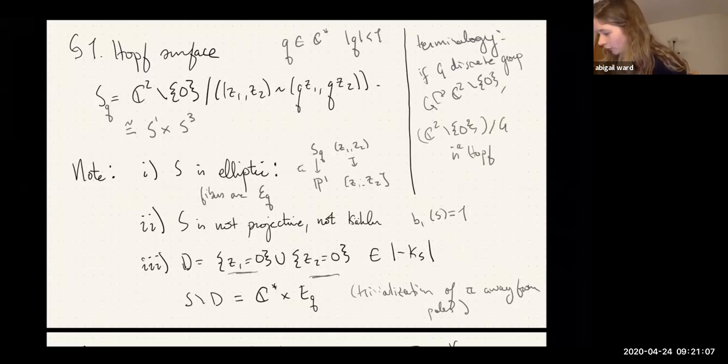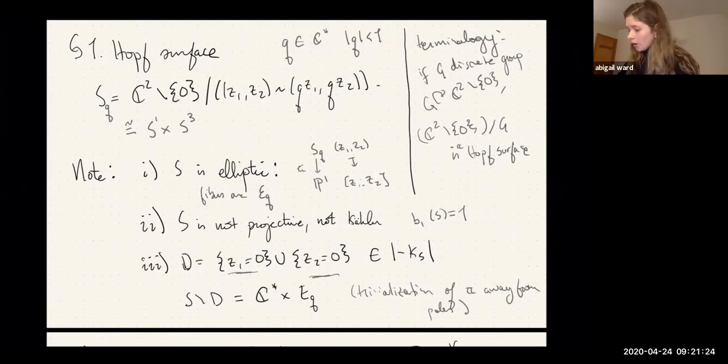And this S_Q is the classical Hopf surface, the prototypical one, but you actually have a whole family of them, and I'm going to deal with some of them in this talk.